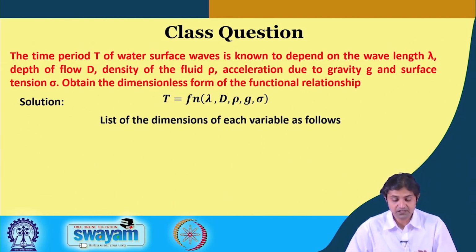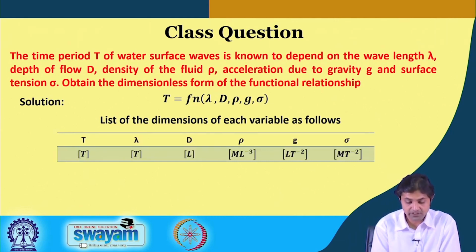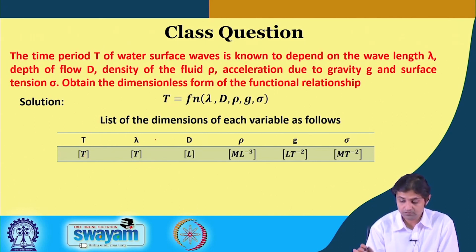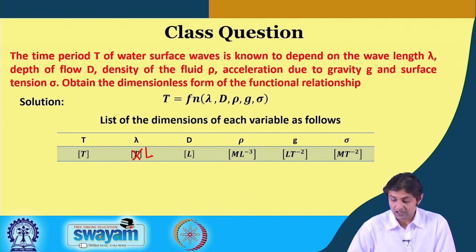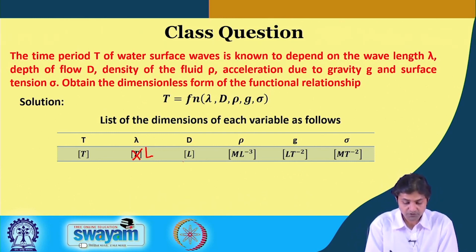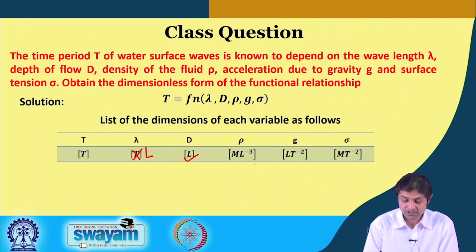The second step is listing all the dimensions. The time period t has dimension t. Lambda is the wavelength, with dimension L, and the depth of the flow is also L. Rho is the density of the fluid.